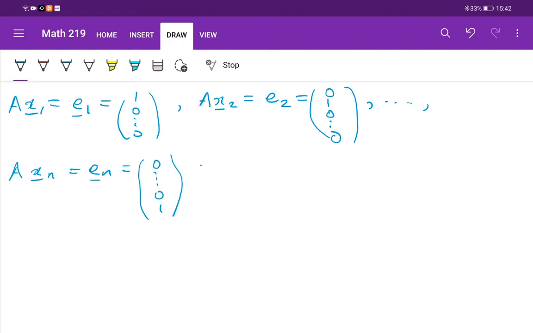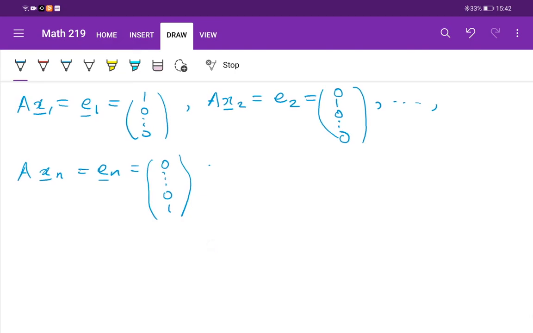Since A is invertible, and we've been considering solving systems like this, AXi is equal to Ei. The augmented system of this is [A | Ei].